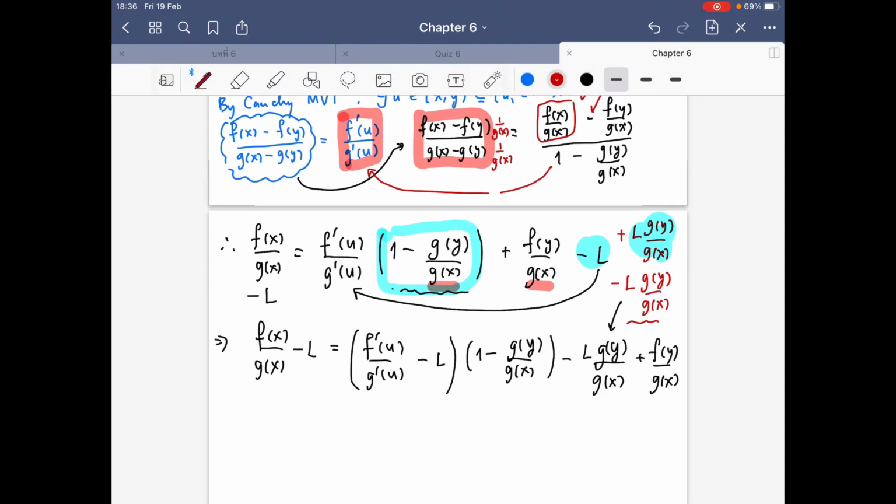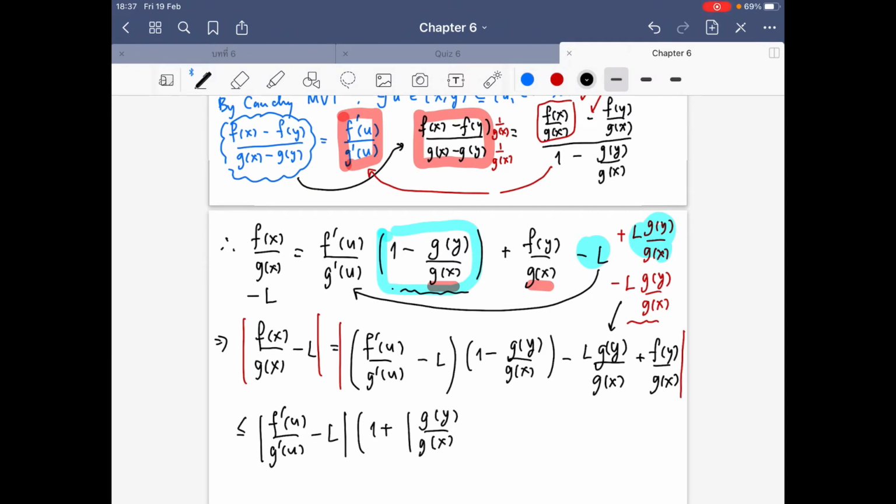As you have the absolute value, you can use the triangle inequality to compare this with the absolute value of f'(u)/g'(u) minus L, times 1 plus the absolute value of g(y)/g(x), and L times g(y)/g(x) together with f(y)/g(x).